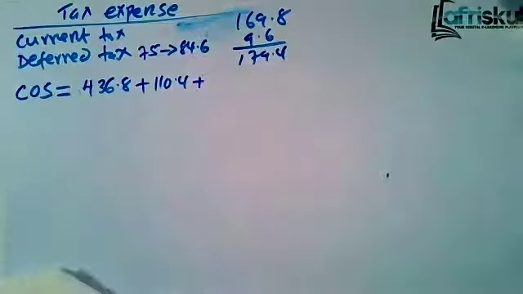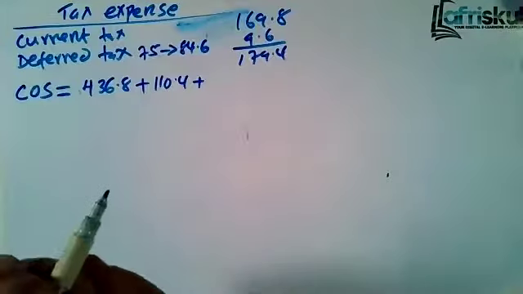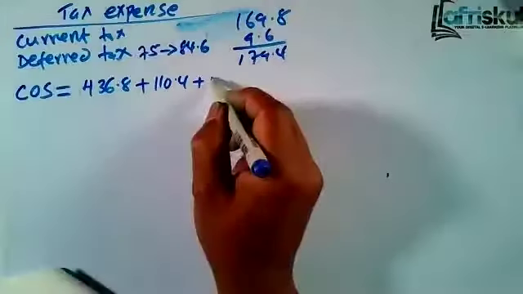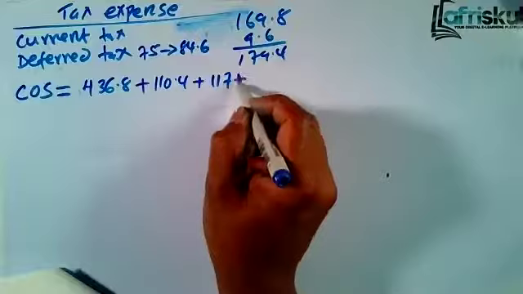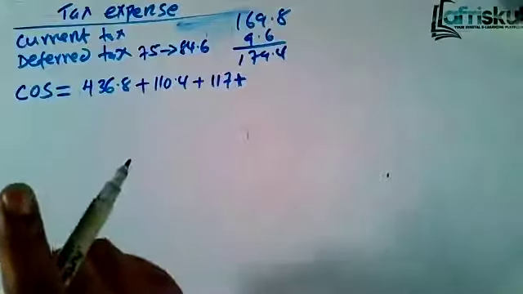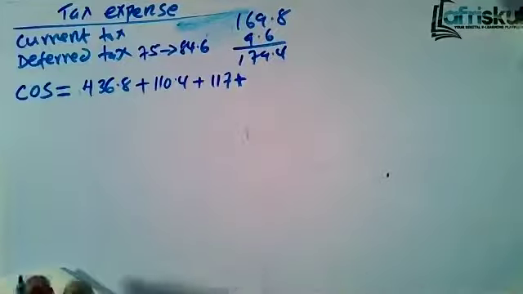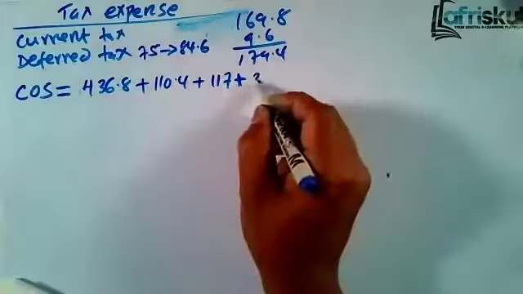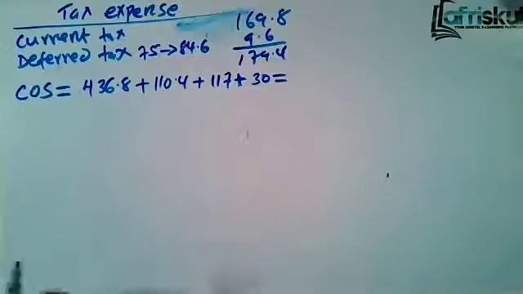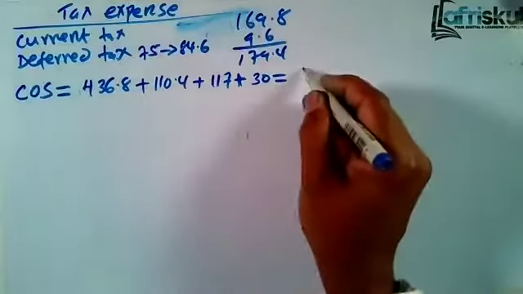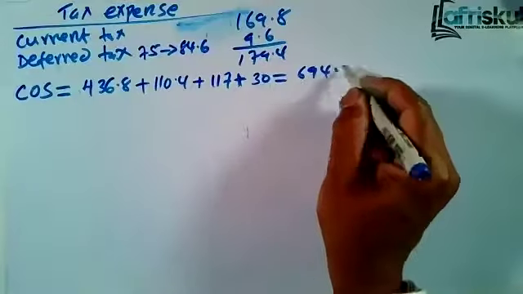Also, there was depreciation of plant, the one at 15% reducing balance, and we got 117. And then we also had depreciation for the building with remaining economic life of 35 years, and with that we have got 30. That means the cost of sales in that case will be 694.2.